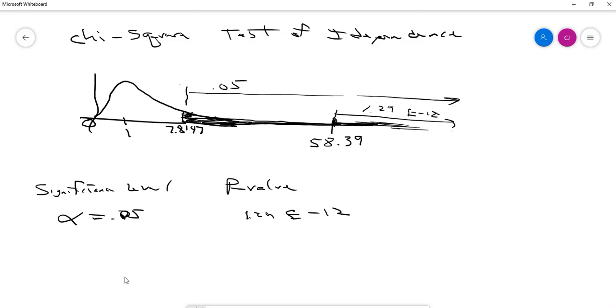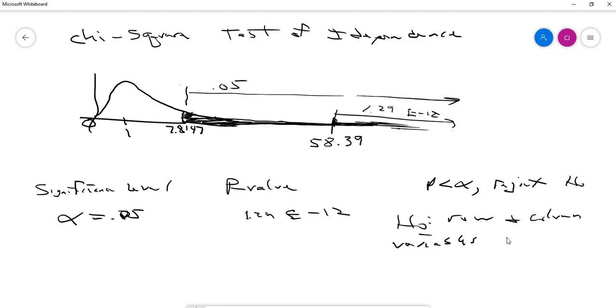So since p is less than alpha, we're going to reject H sub 0, the row and column variables are independent of each other, okay?